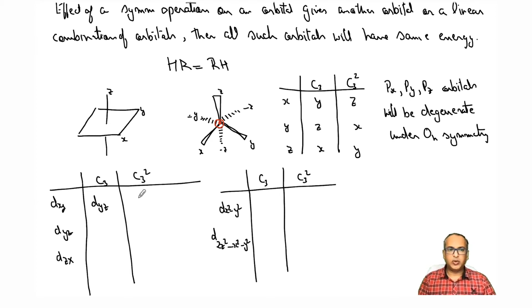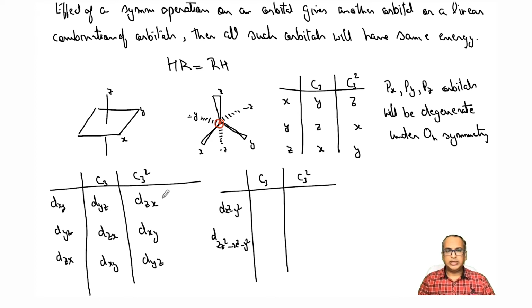Similarly, if C3 square is applied, I will get ZX. Similarly, if C3 is applied on YZ, Y goes to Z, Z goes to X, so I will get DZX and DXY. Similarly, DXY and DYZ.